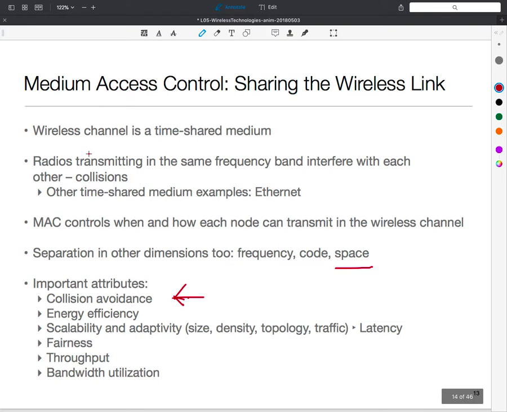Okay, so the other critical piece in that whole thing is this MAC protocol, how the arbitration happens, medium access control. And the foremost thing is that you want to avoid collision. In particular, the role of this protocol is to avoid collision at the receiver. So you don't want two different transmissions to be arriving at the receiver overlapping in time.